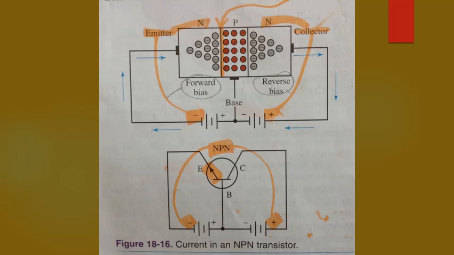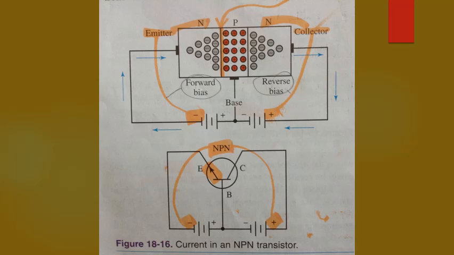The positive terminal of the same battery is connected to the P-type base. Therefore, the emitter base circuit is forward biased. In the collector circuit, the N collector is connected to the positive battery terminal. The P base is connected to the negative terminal. The collector base circuit is reverse biased.